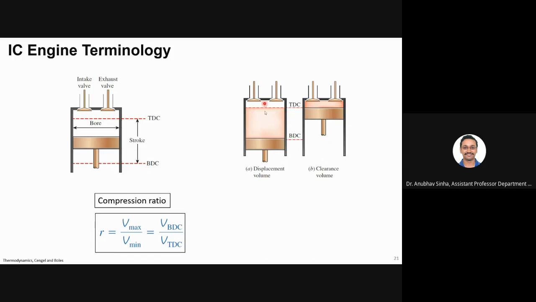This total volume is the numerator, and in the denominator we have the volume at TDC. Generally, compression ratio is in this range for petrol and diesel engines. It could be slightly up or down, but this is the approximate range. In general, diesel engines have higher compression ratios compared to petrol engines.